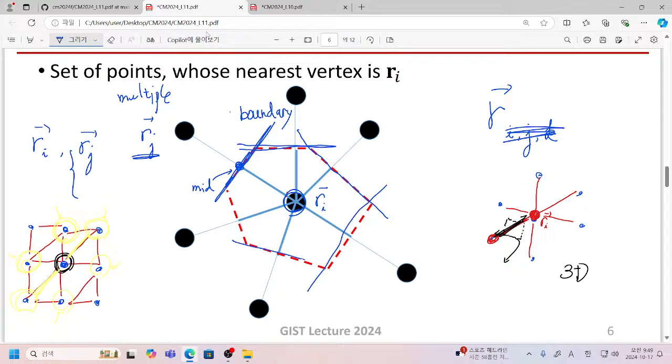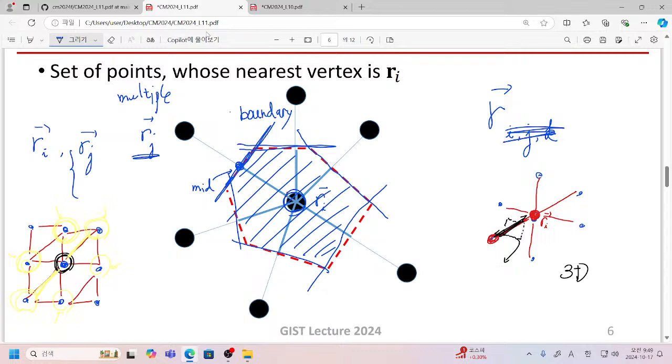We can generate many different lines, and the intersection of all of these half planes, corresponding to the shaded area here, is our domain. Any point in this domain is closest to r sub I. Any other mesh point has a longer distance than r sub I.